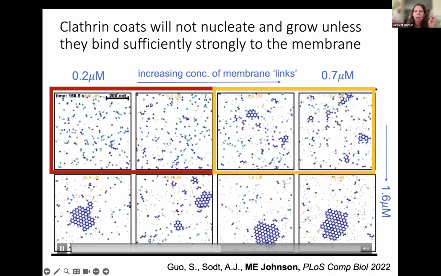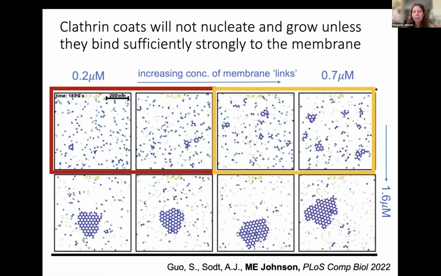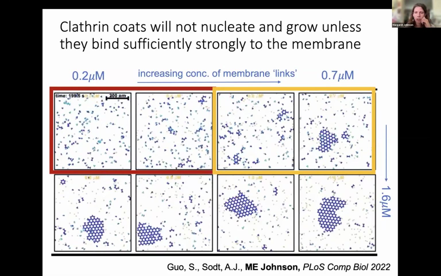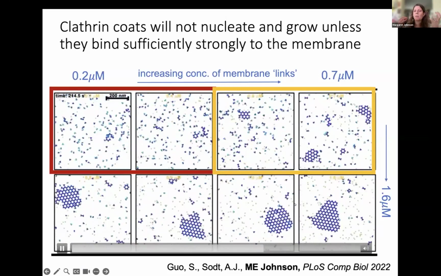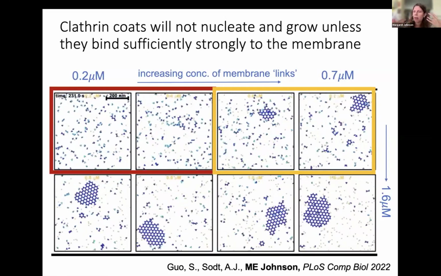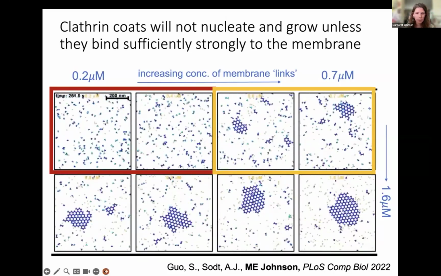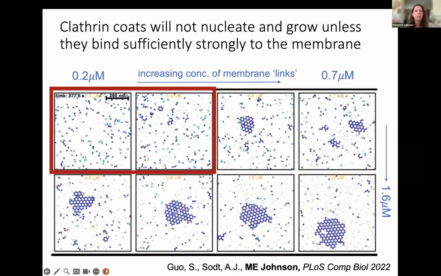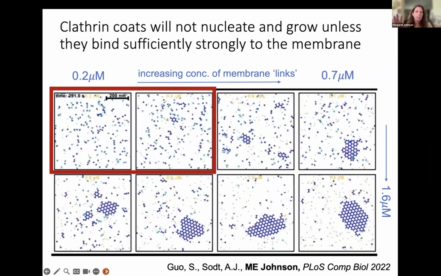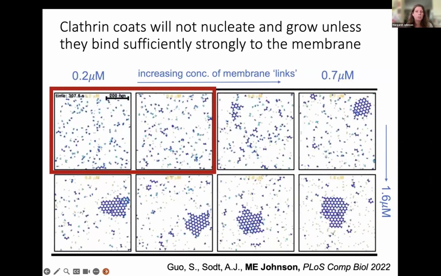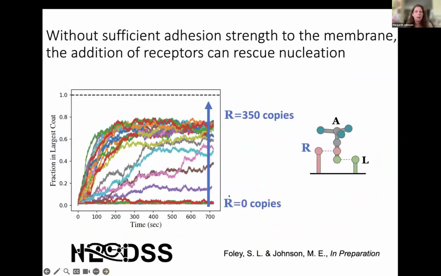And down here, you have enough adapter or links to the membrane to nucleate these structures. And so the key realization here is that depending on how strongly you pull, you can drive nucleation. And so if we focus on this region here, right, you're not nucleating any of these lattices because you can't bind strongly enough to the membrane. And so that's these red curves down here.